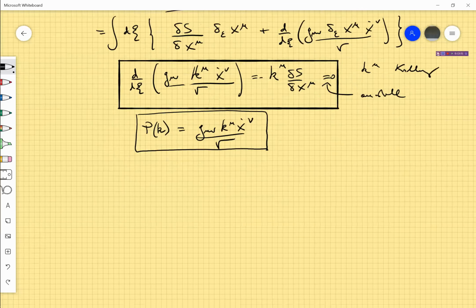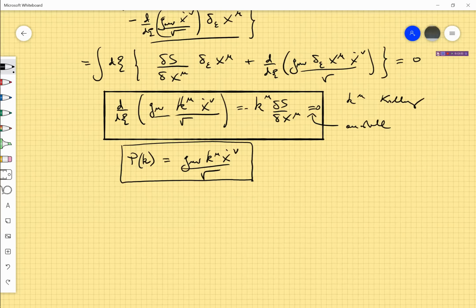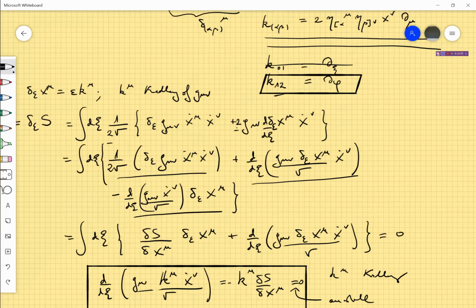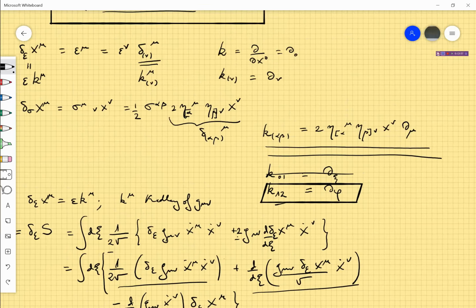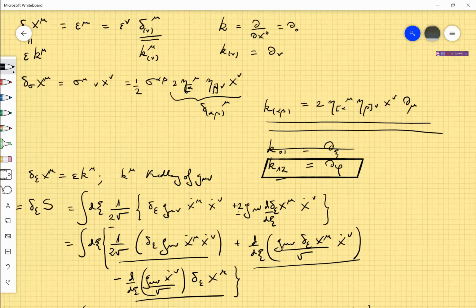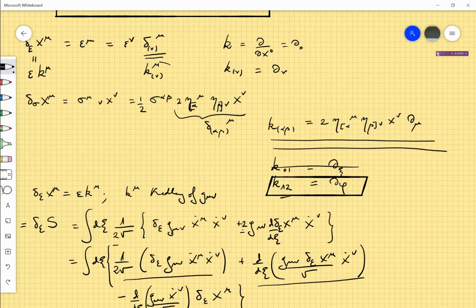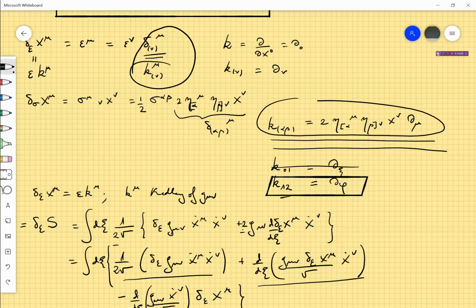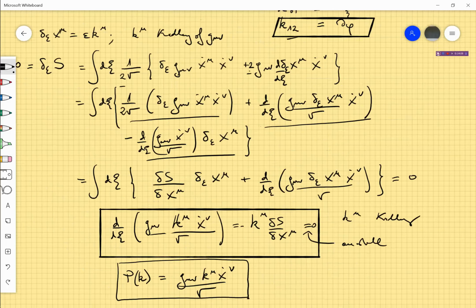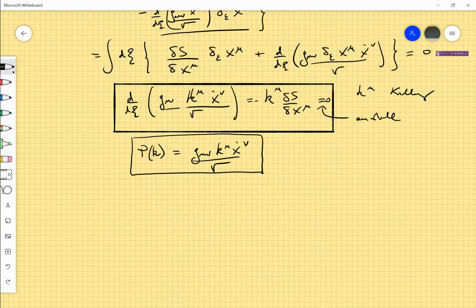But it is a trivial exercise to use the expressions that we have obtained here for the Killing vectors. This one, this one, and this one. You plug it here and you operate.